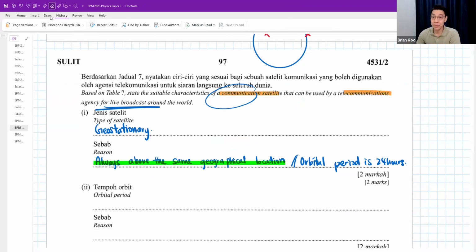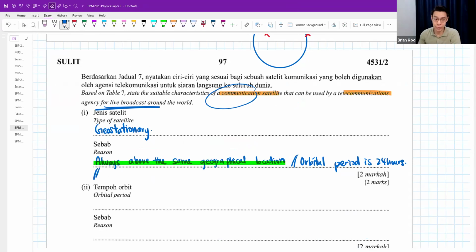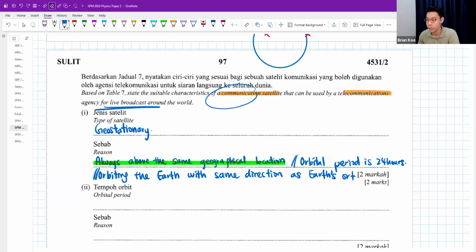You can also say it is orbiting the Earth in the same direction as Earth's rotation. Okay. Orbital period is 24 hours.